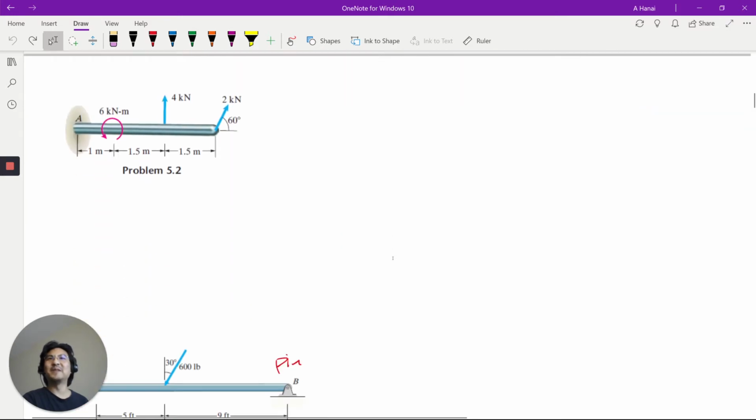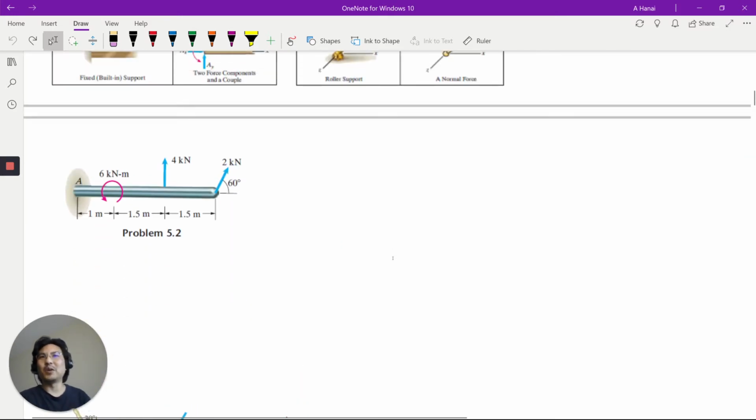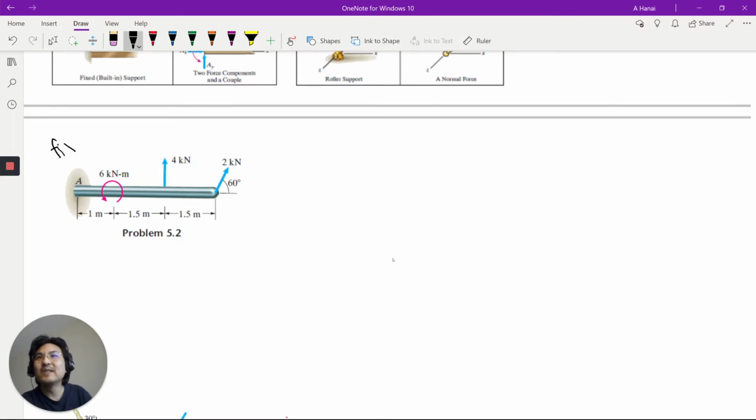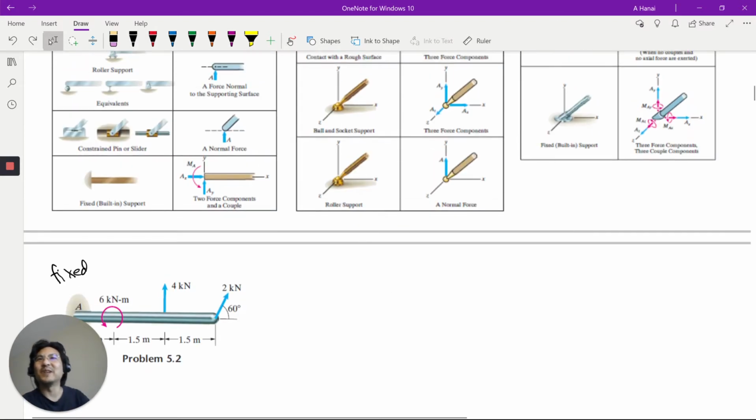So here we go. Here's a bar, like concrete, going straight into a wall. There are two forces and a couple acting on it. This is a fixed support, so if you look in the table, it's right here, fixed support. Imagine if you try to grab the bar and pull it to the left, the wall fights back against you.